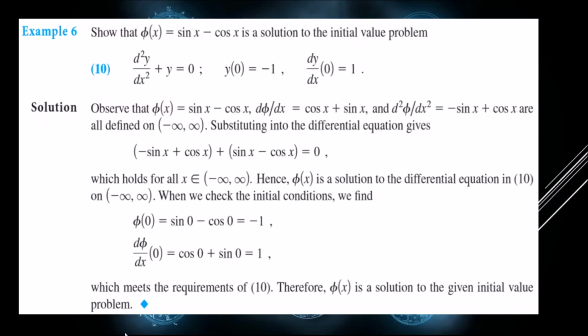Okay, so as we can see, phi of x is a solution to the differential equation. When we check the initial conditions, we find that it is an identity, which meets the requirements of equation 10. Therefore, phi of x is a solution to the given initial value problem.